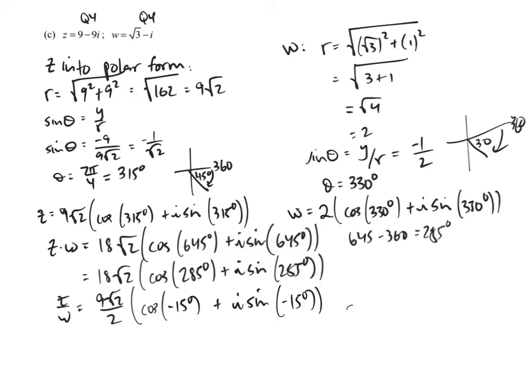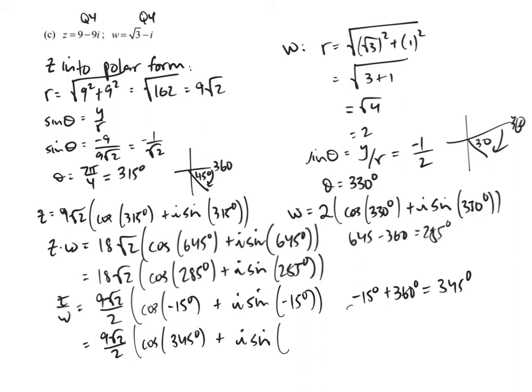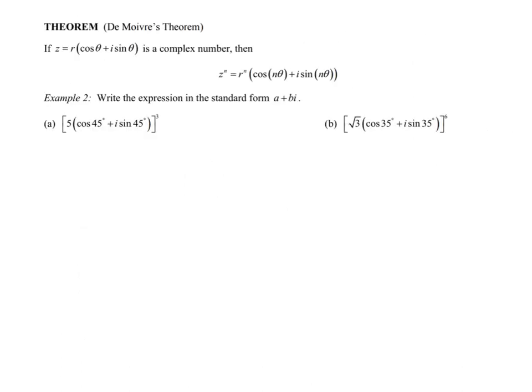I want it to be between 0 and 360, so I need to take negative 15 and add 360 to it, and that's going to give me 345. So I'm going to write my final answer for z divided by w as 9 square roots of 2 over 2 multiplied by cosine of 345 degrees plus i times the sine of 345 degrees.